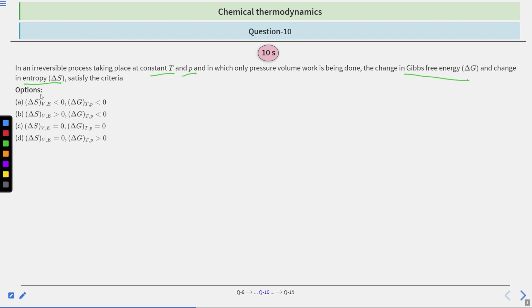Options are: change in entropy negative and change in Gibbs free energy negative; change in entropy positive but change in Gibbs free energy negative; change in entropy and change in Gibbs free energy both equal to 0; or change in entropy equal to 0 but change in Gibbs free energy positive. So you have 10 seconds to solve this question. After that, we will see the answer.